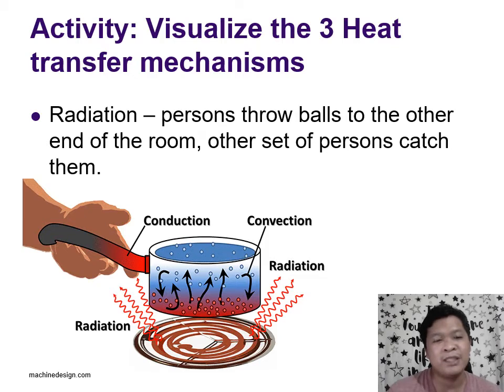So it transmits its heat, no, without molecules mediating in between. So whereas dun sa conduction and convection, makikita natin na yung heat ay nagta-travel na dala-dala ng molecules dito, the heat themselves can travel without the molecules, and hence nagbabatuhan yung mga tao ng bola.